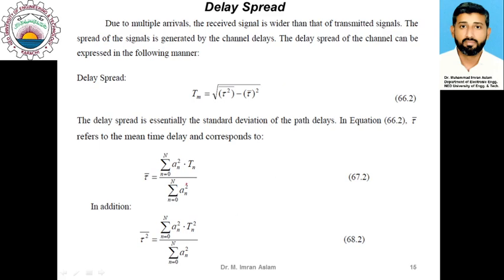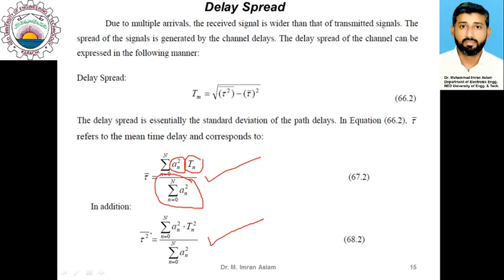This is the mathematical representation to calculate the mean value and the second moment. We multiply the delay with the relative power. A square n represents the power, because an is amplitude, so a square n is power, and we divide by the overall power.